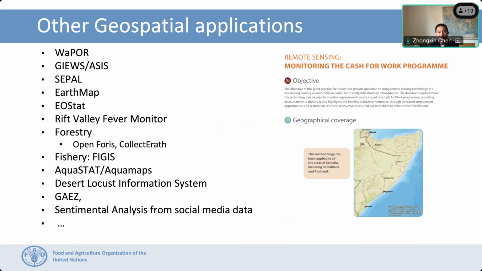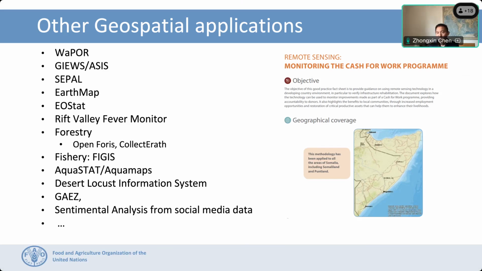Besides that, we have a lot of applications, including water stress, forest, disease and health, pests, a lot of things.